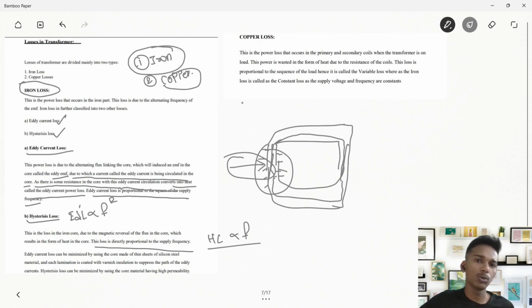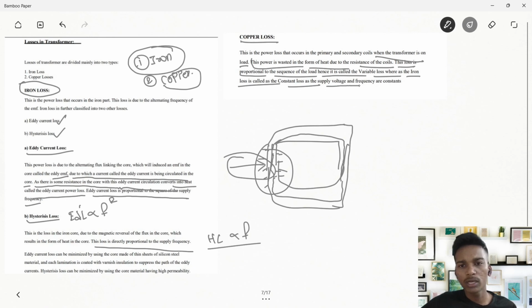We will move on to copper losses now. Copper losses are a power loss that occurs in the primary and secondary coils when the transformer is on load. This power is wasted in the form of heat due to the resistance of the coil. This loss is proportional to the square of the load current. Hence, it is called variable loss, whereas the iron loss is a constant loss.